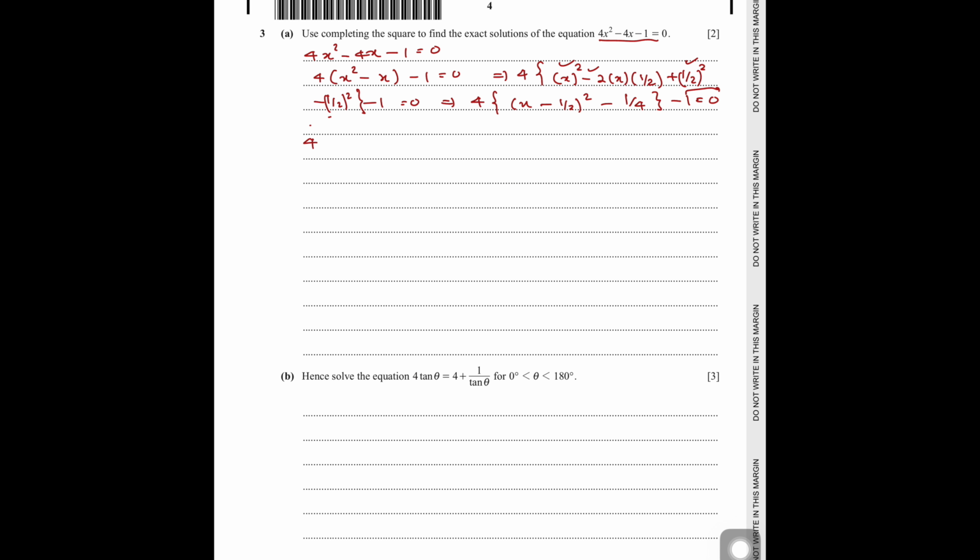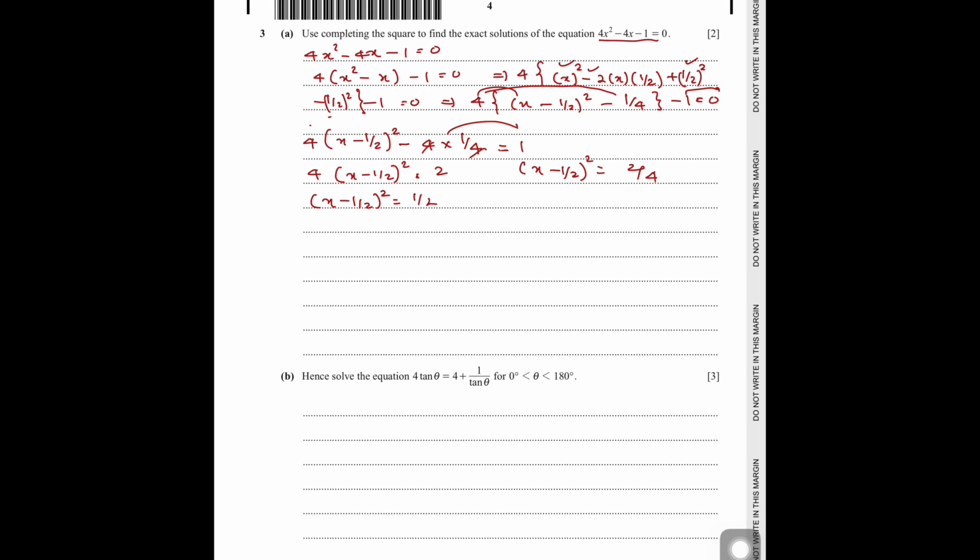Let me give each term its own coefficient. So 4 times x minus half squared, 4 times a quarter, equals 1. So I'm writing 4 times x minus half squared. The minus goes to the other side and becomes plus 1. 1 plus 1 is 2. So x minus half squared equals 2 divided by 4, so x minus half squared equals half.